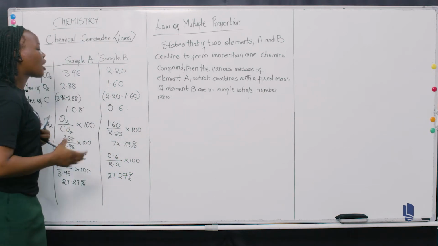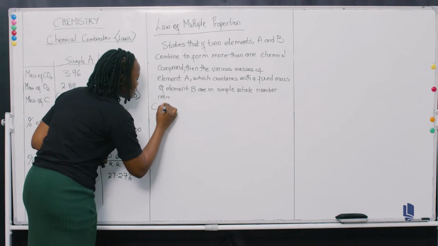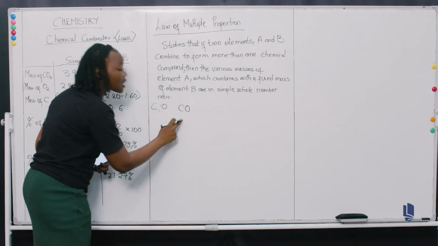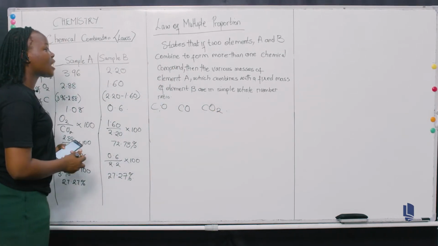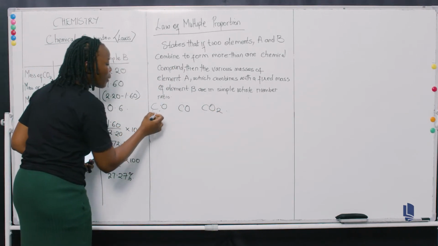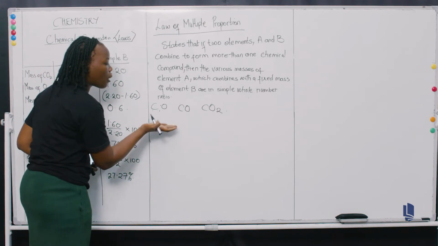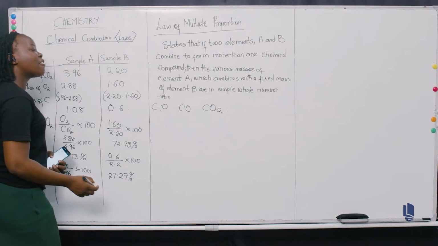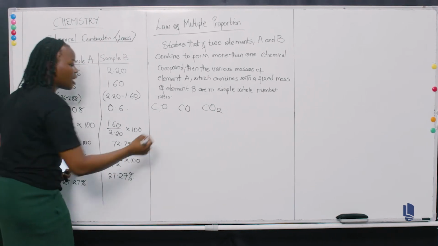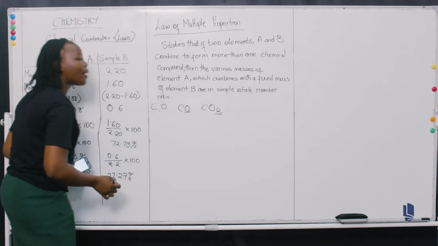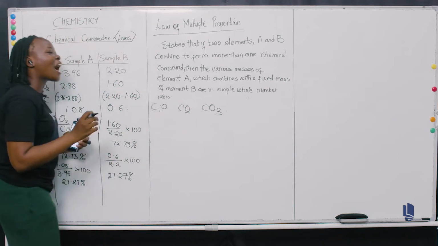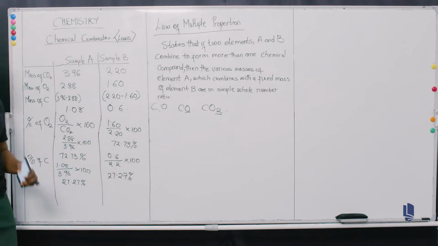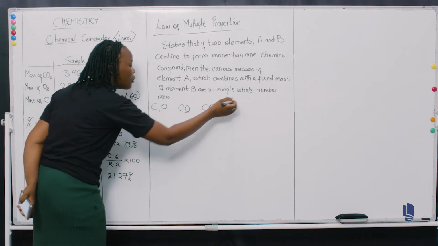Let's consider carbon and oxygen. We have CO, this is carbon monoxide, and we have CO2. This law is saying that if these two elements combine to form more than one chemical compound, in this case, then various masses of element A, that's oxygen, will combine with a fixed mass of element B, that's carbon, in simple whole number ratio.